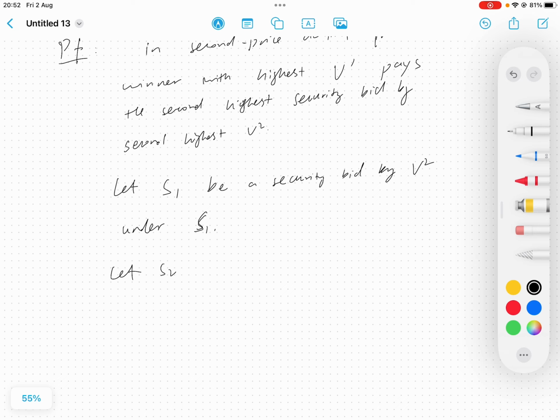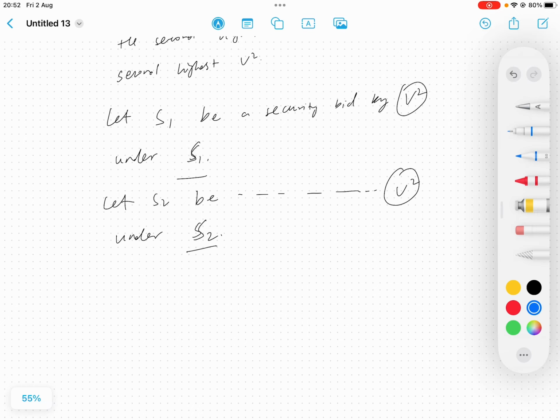And let S2 be a security bid by V2 again. Notice that those are both V2, and S2 is under the bold S2. So be careful with the notation here. Both S1 and S2 are just two securities. They have nothing to do with bidder one or bidder two. Those are just two different sets of securities. We should write this down.